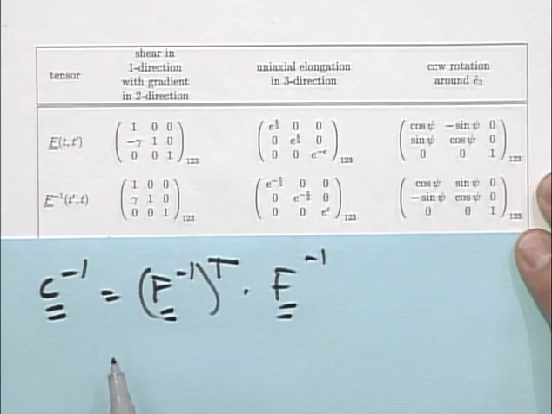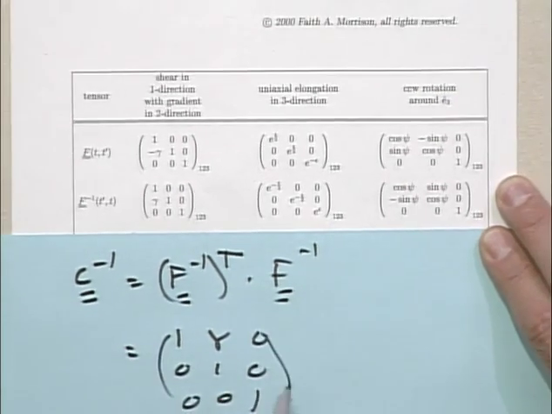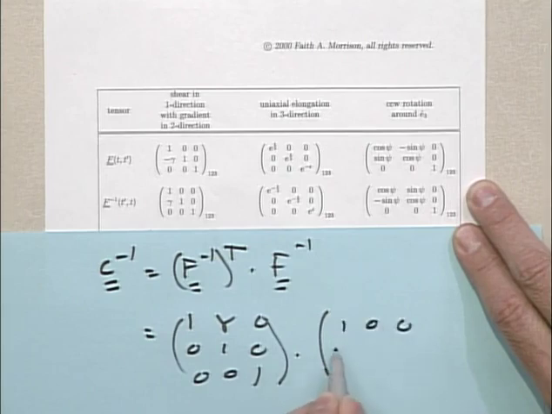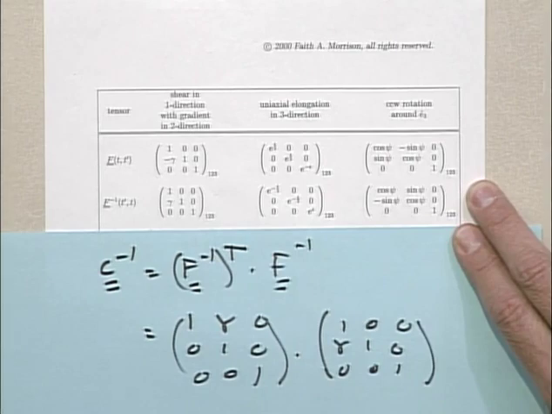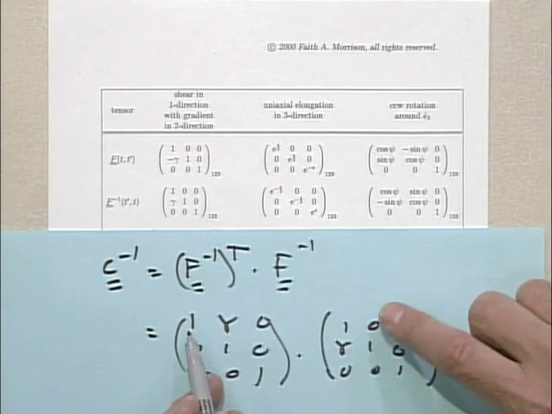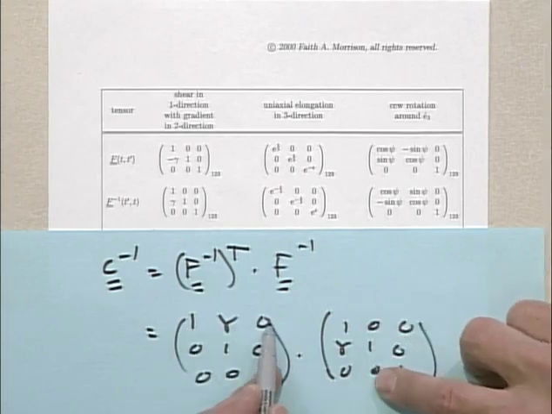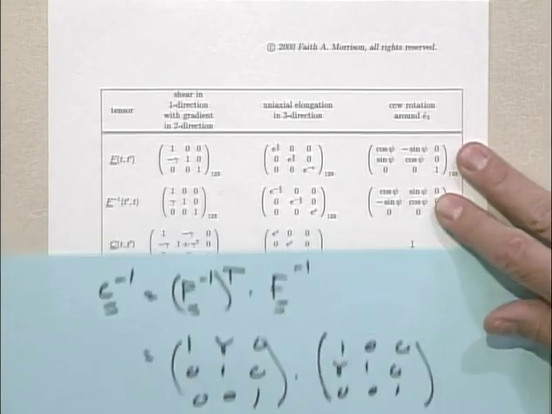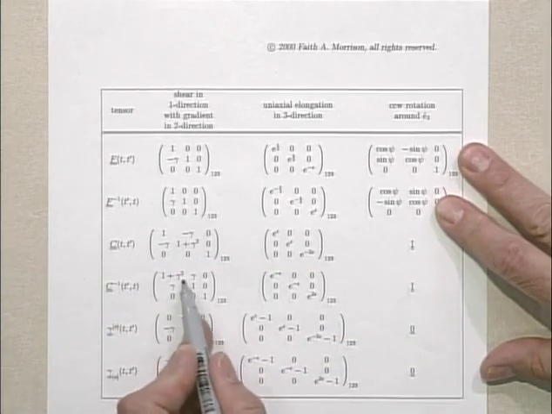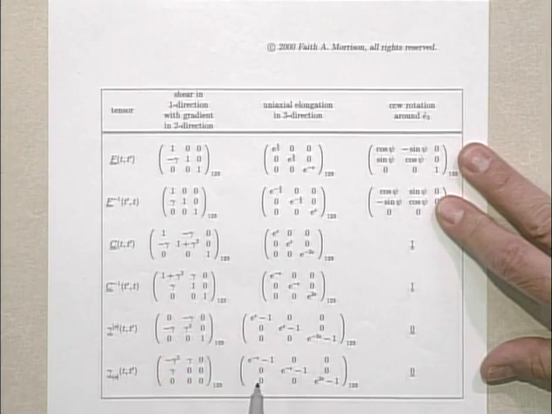The transpose of that is 1 gamma 0, 0 1 0, 0 0 1, dotted by F itself, 1 0 0, gamma 1 0, 0 0 1. Multiplying those together, you get 1 plus gamma dot squared, gamma, 0, and so on. And that's what we have written here: 1 plus gamma squared, gamma, 0, and the rest of the Finger tensor.